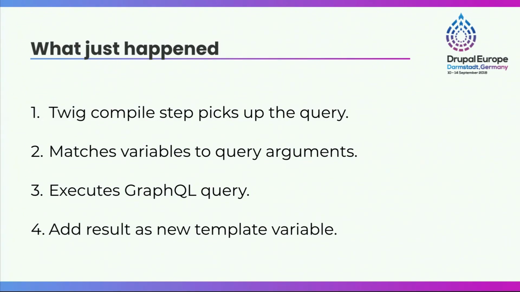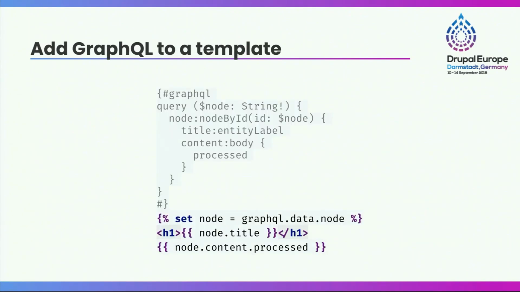And add this to the compiled Twig template. And at render time, it will investigate the query arguments that are assigned to this query and try to match them to existing template variables. So in our example before, in the node template file, we already have a node variable.